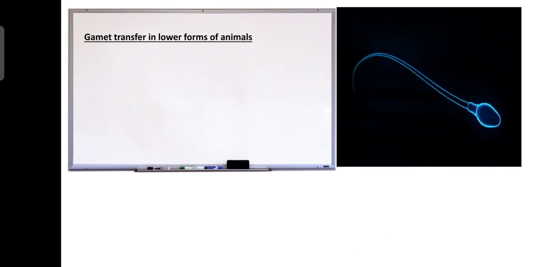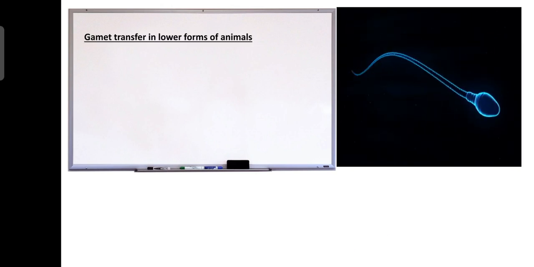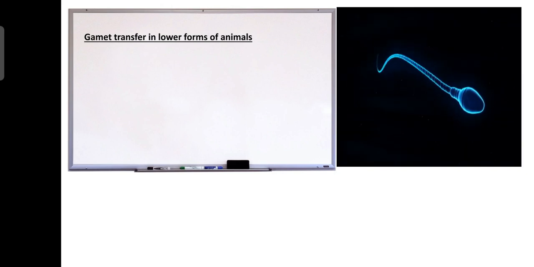Okay, so how does this gamete transfer take place? We can study the gamete transfer in two ways here: gamete transfer in the lower forms of animals and gamete transfer in the higher forms of animals.